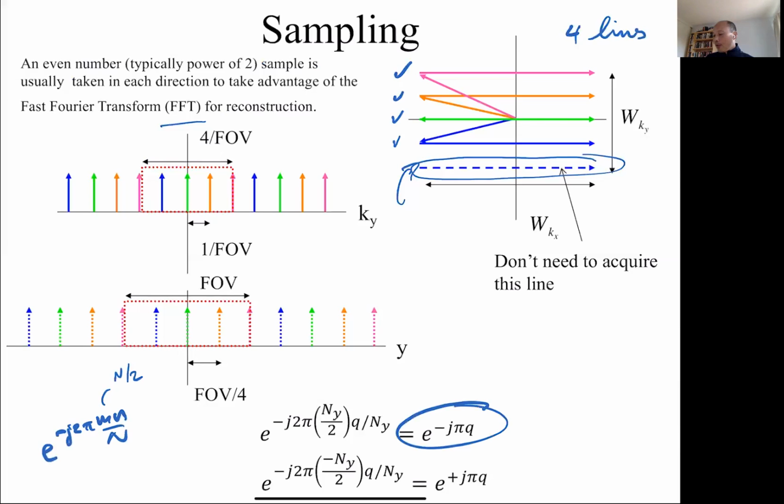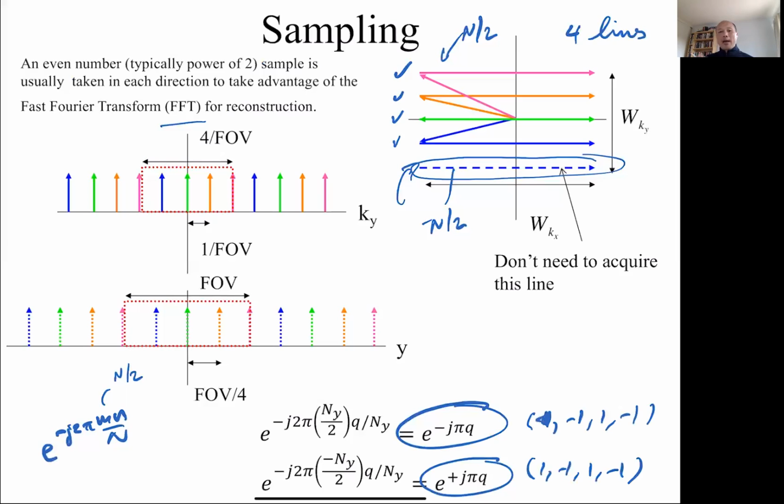We find out that whether we do n over 2 or minus n over 2, they both give us e to the minus j pi q, which is just going to go between 1, minus 1, 1, minus 1. And so because of how the sampling is set up, those 2 far points in k-space essentially give you the same information. That's one reason why you'll sometimes see people not necessarily collect symmetrically around the axis.